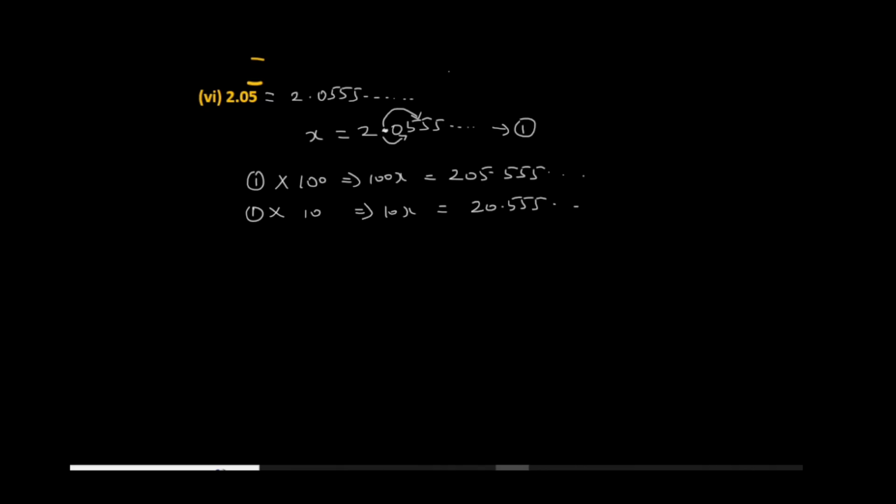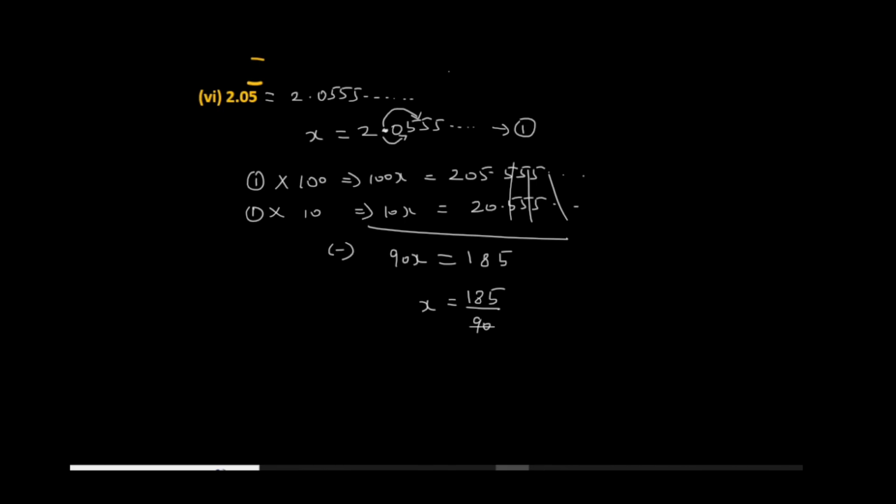While we are subtracting these two equations, cancel, cancel, cancel, all the decimals are cancelled. So 205 minus 20 is 185, and on this side 90x. So x is equal to 185 by 90.